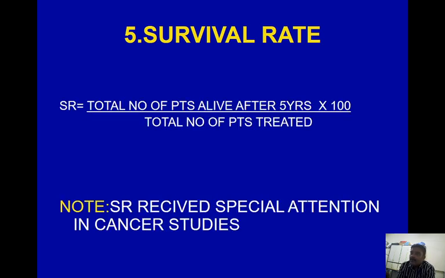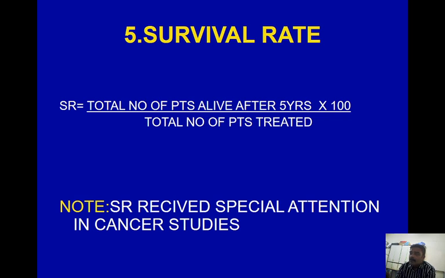So how is it calculated? You have the total number of patients alive after 5 years divided by the total number of patients who were treated or identified. This is very important as a measure for healthcare, in terms of how properly you are providing care for people who have cancer, and how large a proportion of the people survive after 5 years having that specific cancer.